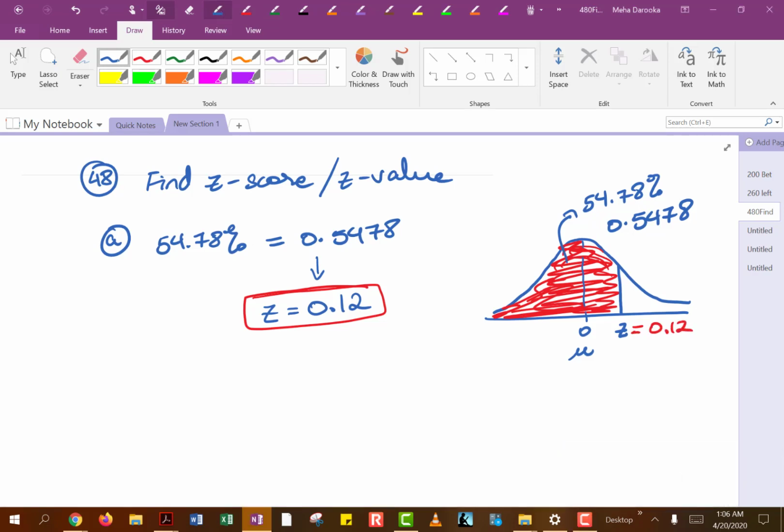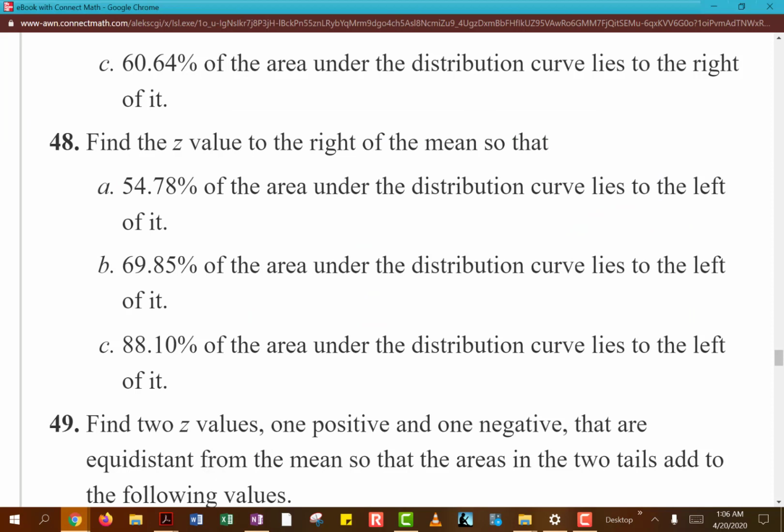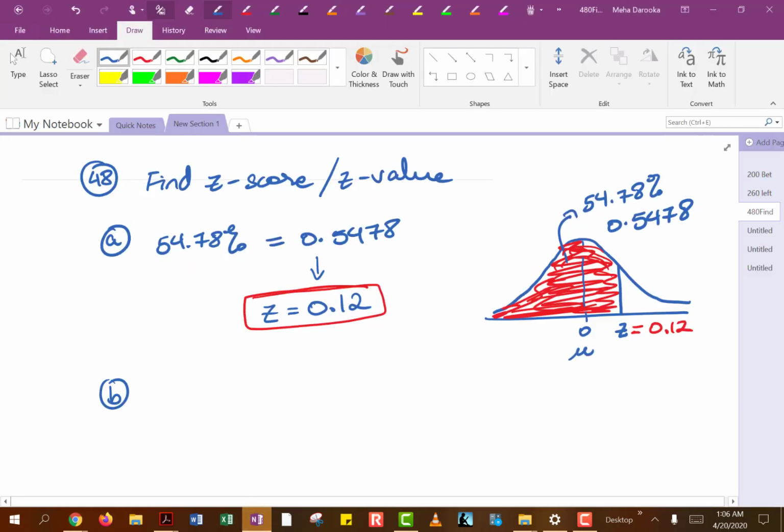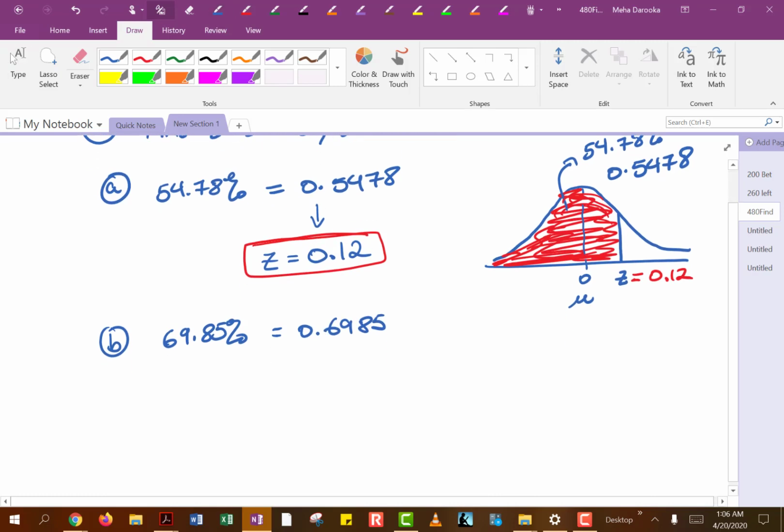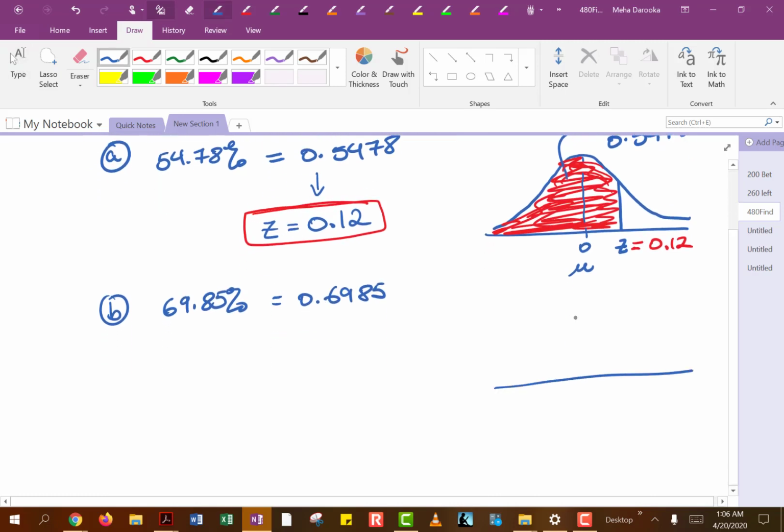Okay, now for part B, they were asking us for 69.85%. So of course that's going to be 0.6985. Again, if we do a quick curve, oops, I'm really not good at drawing these, am I?